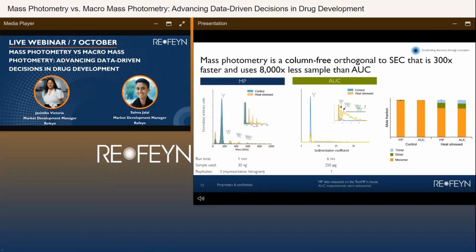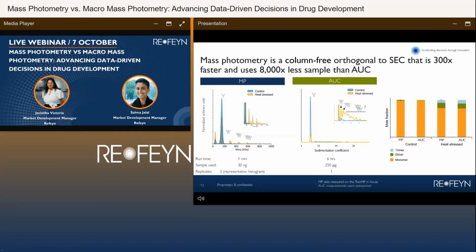So you can see the control condition in blue and the heat stress condition in orange. And you can see in the mass photometry measurement on the left, you had this superior resolution to the AUC measurement, where you're able to resolve 4 aggregate species, the dimer, trimer, tetramer, and pentamer, whereas in the AUC, you can only resolve the dimer with baseline resolution.